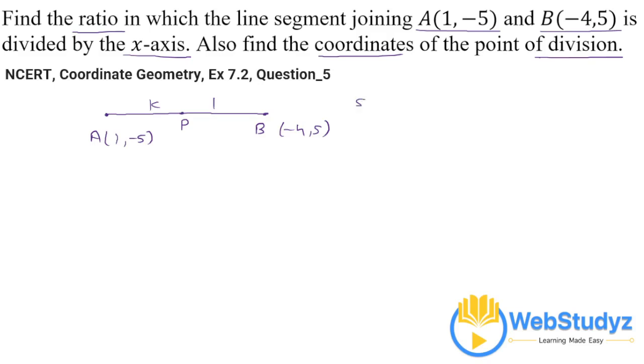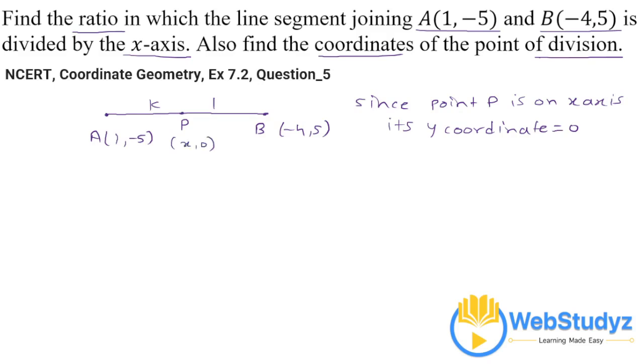Now since point P is on the x-axis, its y coordinate will be 0. Therefore the coordinates of point P will be (x, 0).